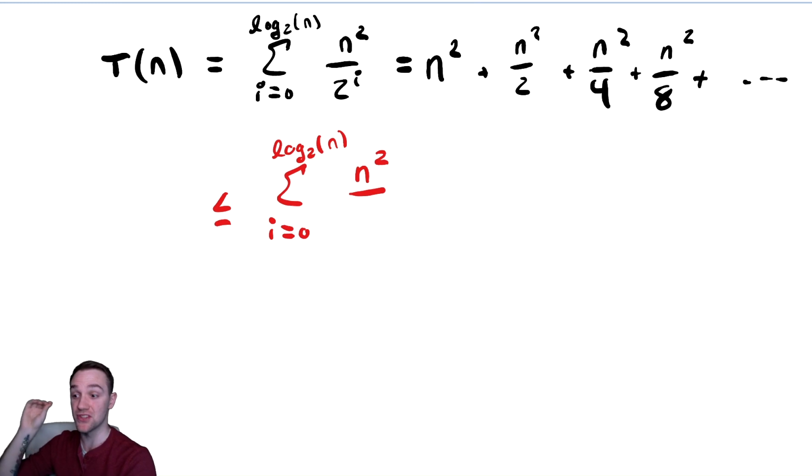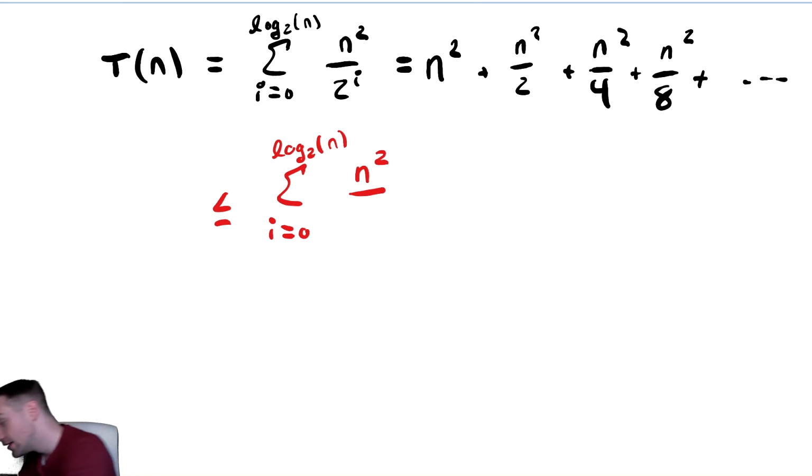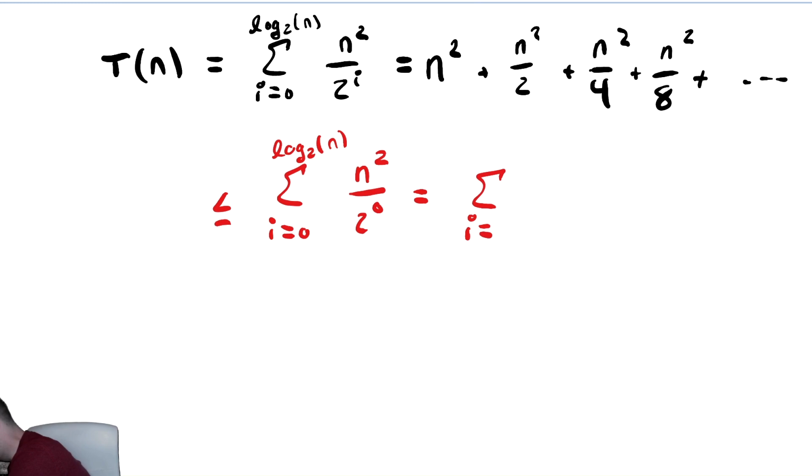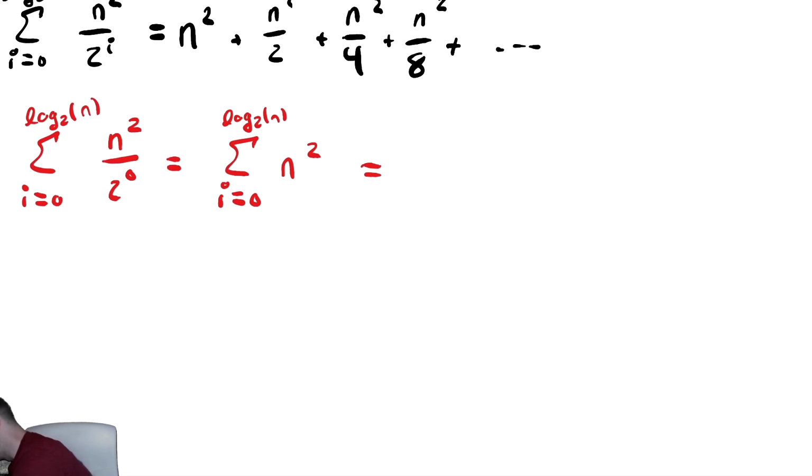We replace i with the smallest value within the range. So this is less than or equal to the same thing, but plugging in i equals 0. This is equal to the sum from i equals 0 to log base 2 of n of n squared, which is equal to the number of terms, log base 2 of n plus 1, times the inside, which is n squared.